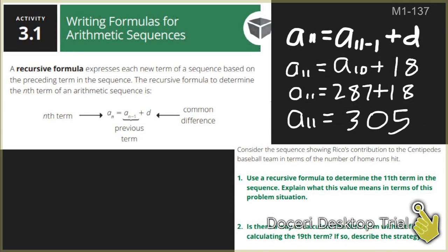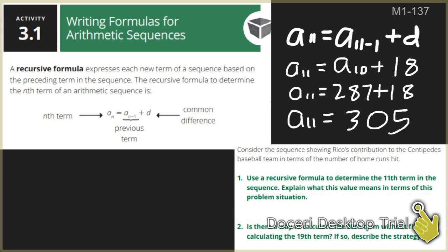And in terms of the problem, that means that there's going to be a $305 donation. And it also means that there were 10 home runs hit. Even though it's the 11th term and you would think, oh, well, there were 11 home runs hit, that's not true because term 1 was 0 home runs. So the number of home runs is always one less than the term number. So remember that as we're going through these formulas.